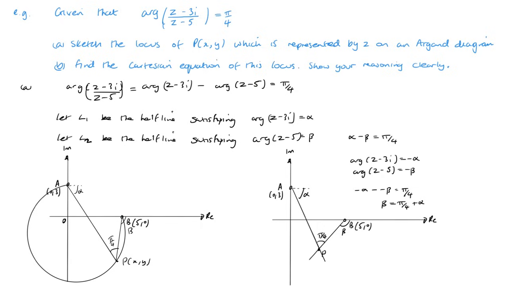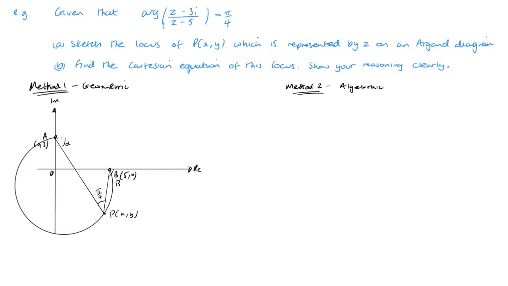Okay, so there's that. Now let's look at finding the Cartesian equation of this locus. So for part B, find the Cartesian equation of this locus. Show your reasoning clearly. We're basically going to find the equation of this circle and then set some limits just to avoid this minor arc here.